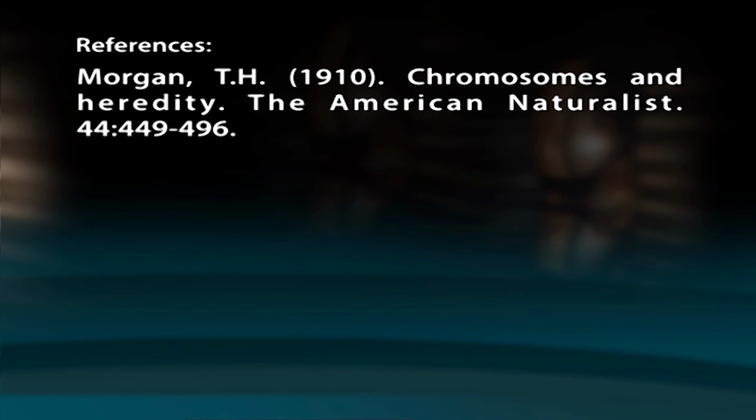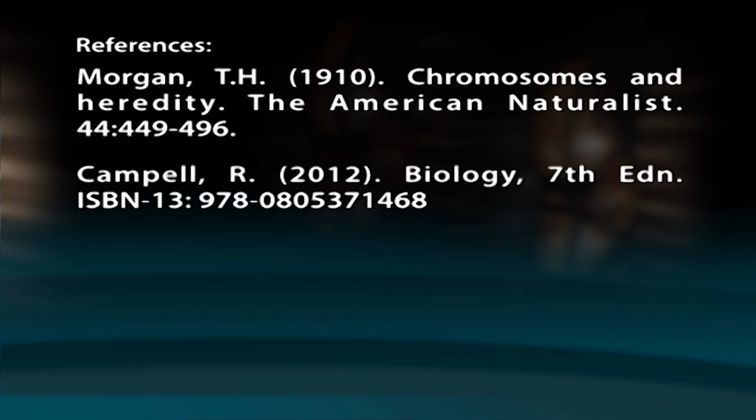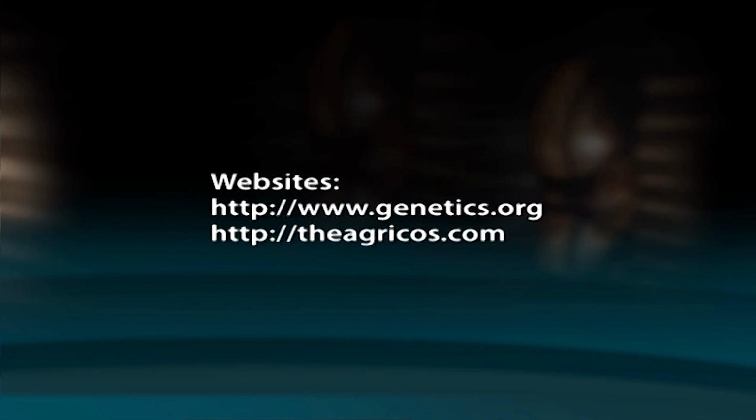It is in the American Naturalist, volume 44, pages 449 to 496. It is authored by Morgan T.H. in the year 1910. A fifth reference is Biology, 7th edition. It is authored by Campbell R. in the year 2012.